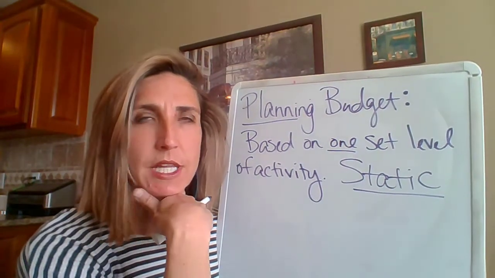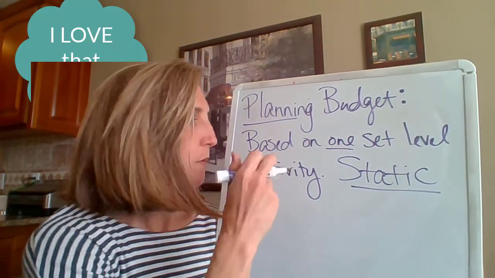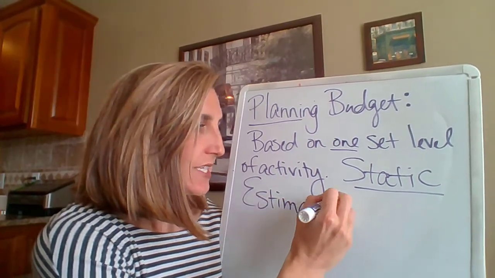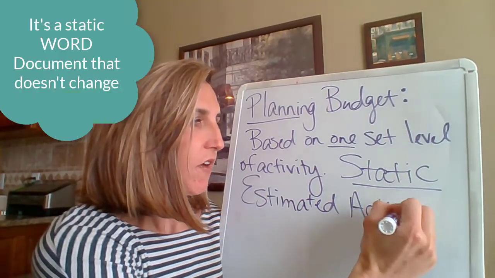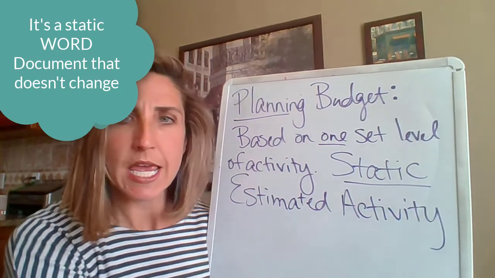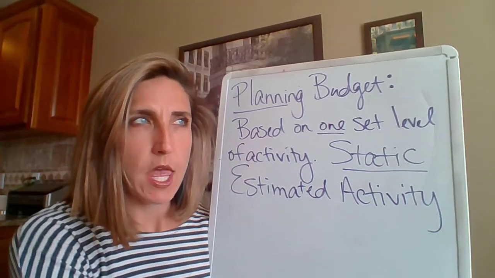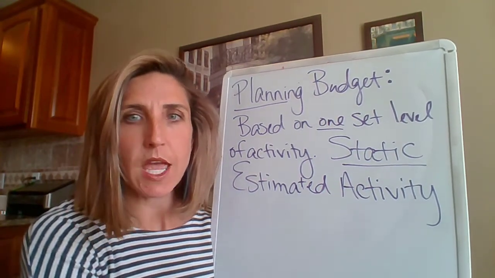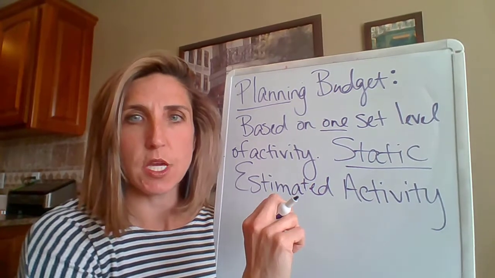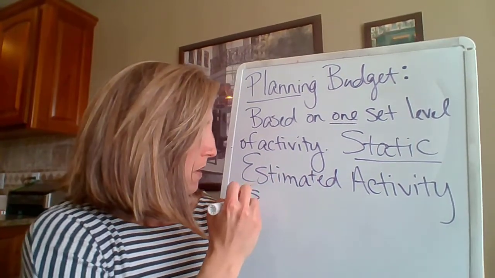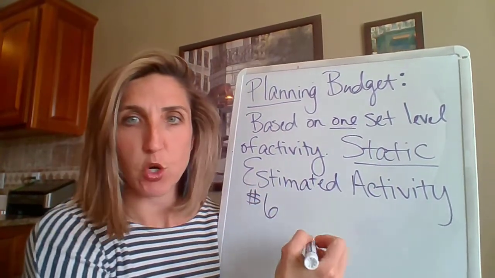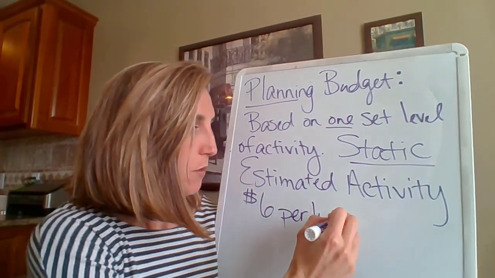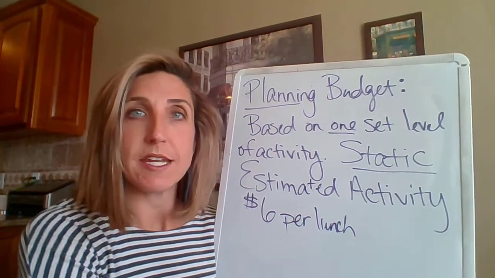I consider it like a Word document. It would be an estimated amount of activity. So if I were to generate a budget for how much I should spend each week on lunches, I would have a set standard amount that I plan to spend per lunch. So that is a variable cost to me that does not change.